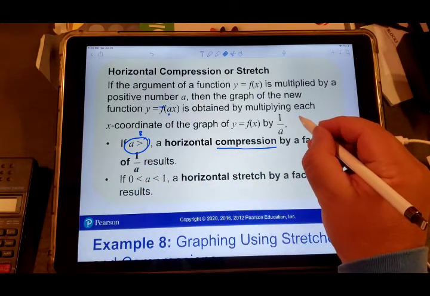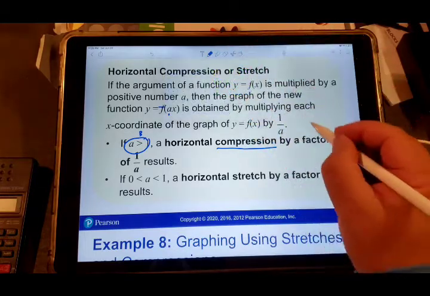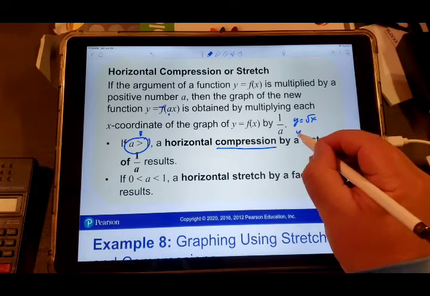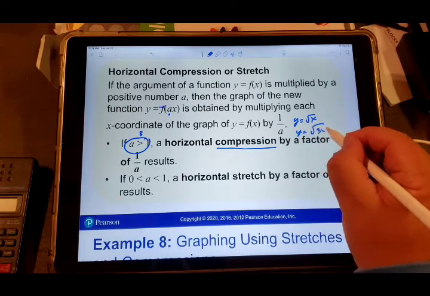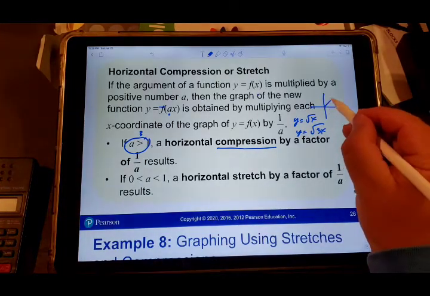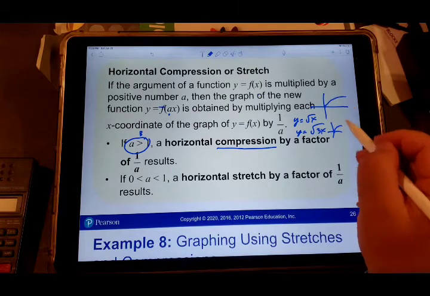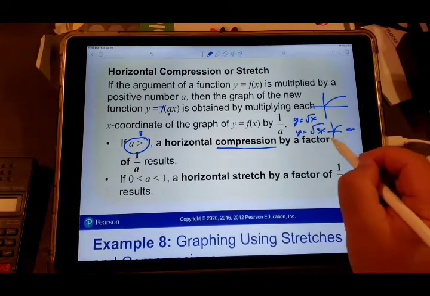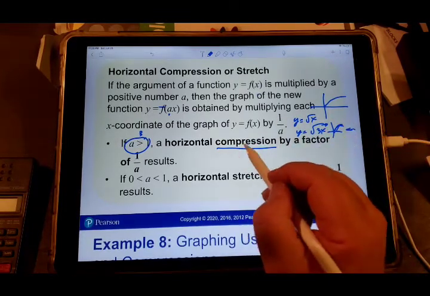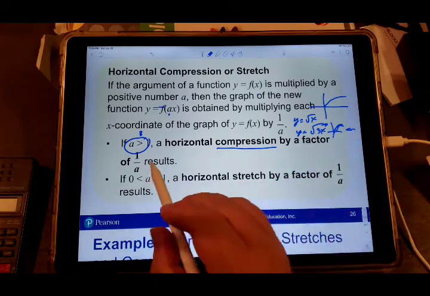So if you took y equals the square root of x, and you took y equals the square root of 3x, what's going to happen is I'm going to take the original graph, but I'm going to compress it along the x-axis. So a compression responds in the opposite way on the x values as it does on the y values.